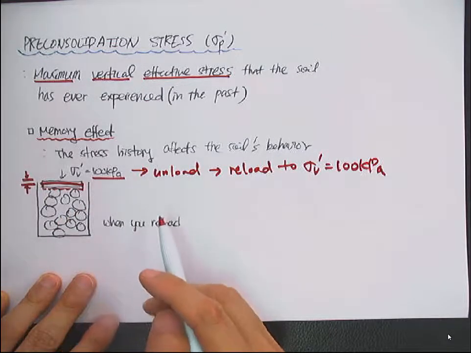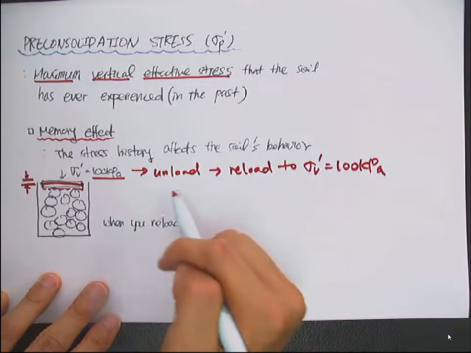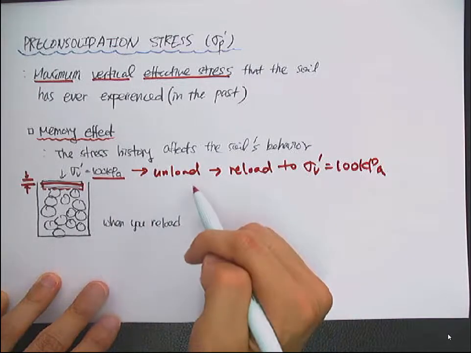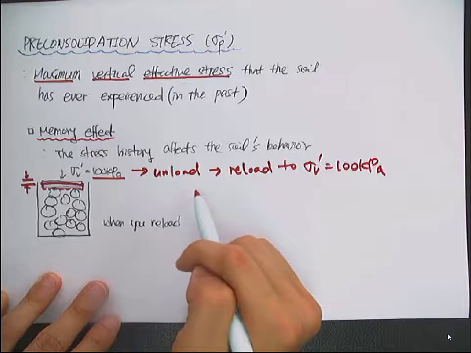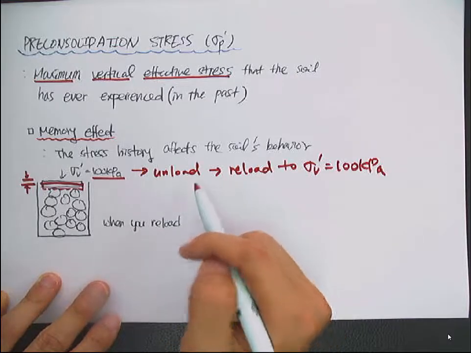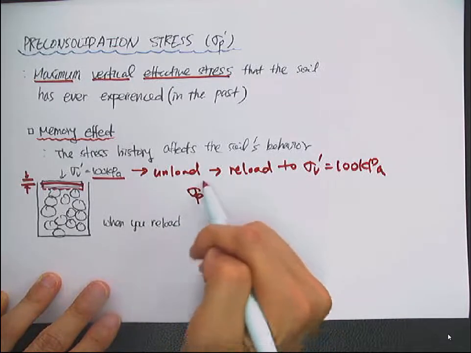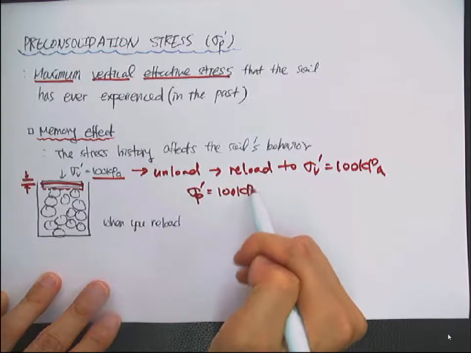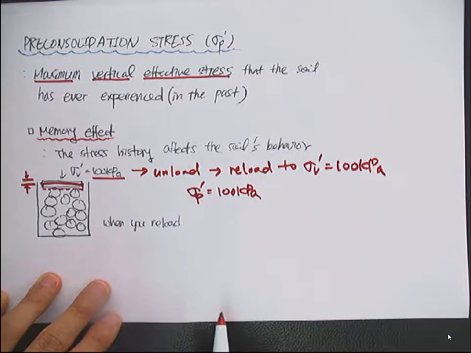And in this case, the maximum vertical effective stress that the soil has experienced, the pre-consolidation stress sigma p prime, is 100 kilopascals. Right?